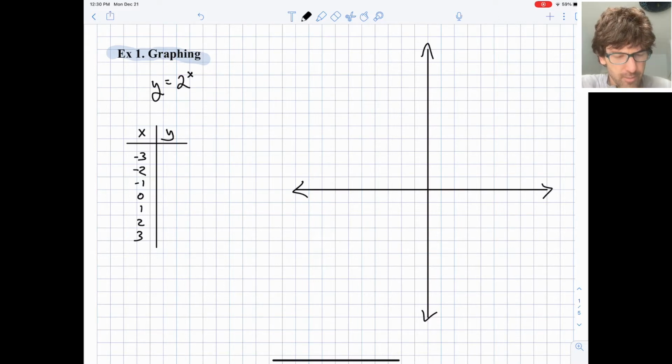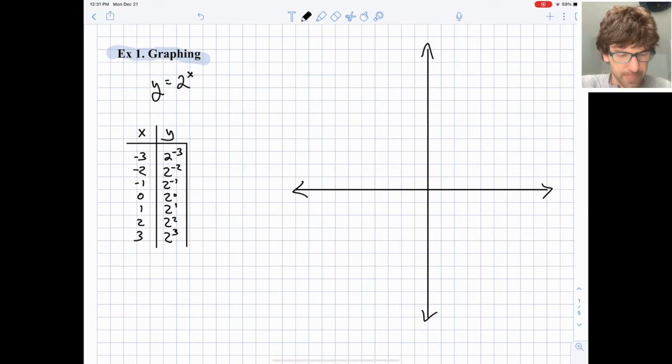So here y would be 2 to the negative 3, 2 to the negative 2, 2 to the negative 1, 2 to the 0, 2 to the 1, 2 to the 2, and 2 to the 3. And we can actually turn those into numbers. We get 1 over 2 cubed, which is an eighth, 1 over 2 squared, which is a quarter, a half, 2 to the 0 is equal to 1, 2 to the 1 is 2, 4, and 8.